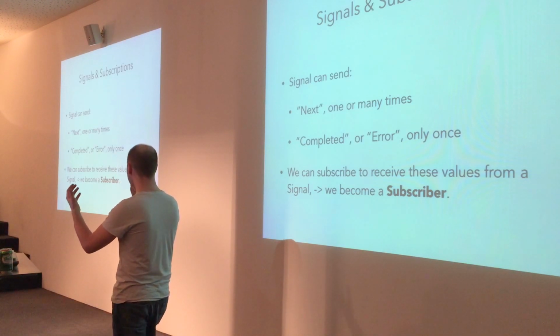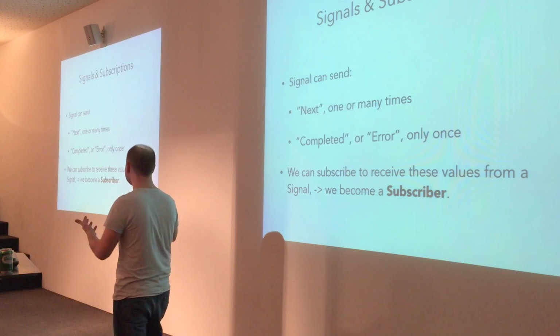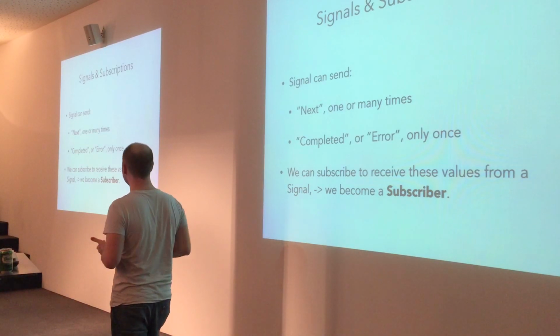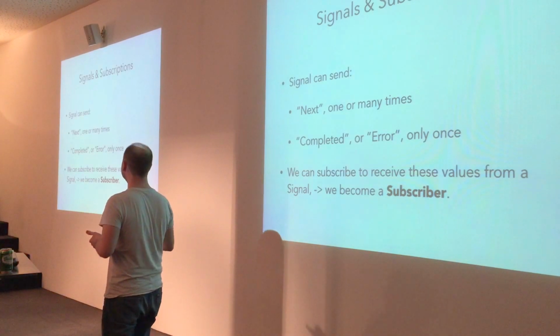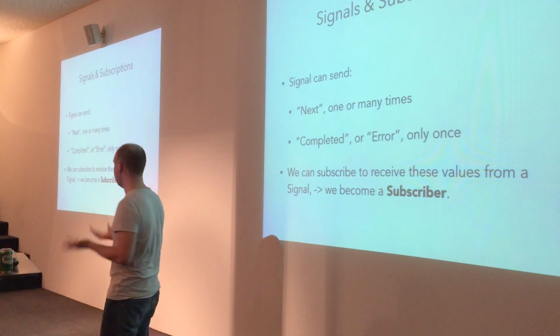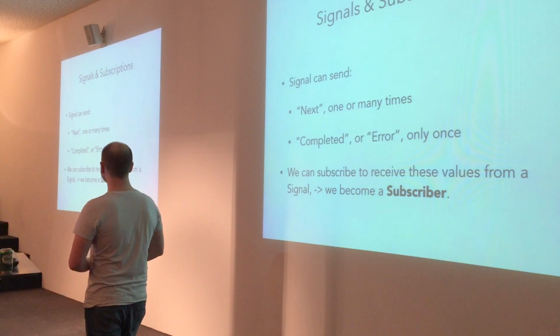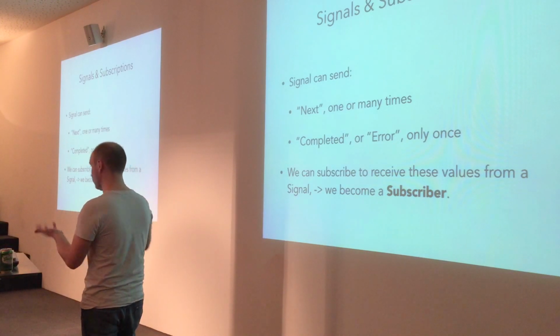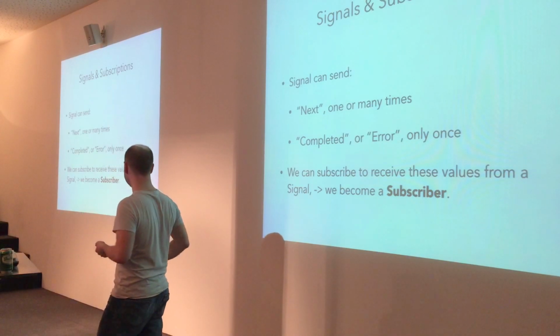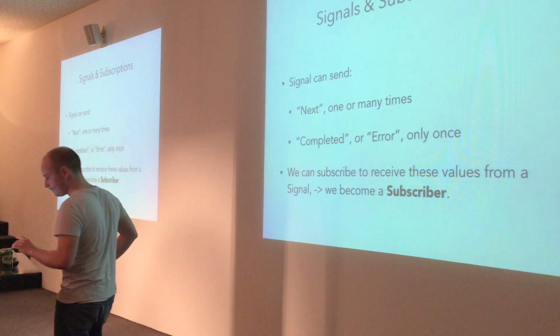We can just say that we want to be informed of each next value as it comes. And the signal can also send once a completed or an error value, but not both. And once you've sent those, you can't then continue. The signal closes itself down, the pipe closes. So we can subscribe to receive these values from the signal, and then we become a subscriber.